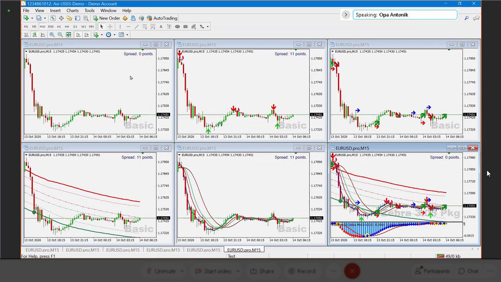But here you can see the comparison between the indicators. Here is a standard chart, looking at a standard chart where basically it's anyone's guess which way price is going to go. You can use 100 different types of indicators. You can use different techniques. You can use wedges. You can use flags. You can use breakouts.